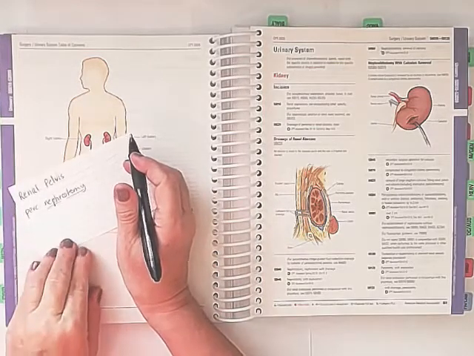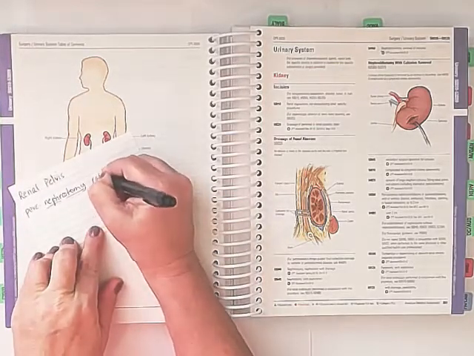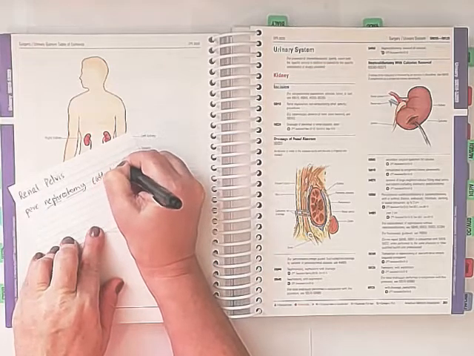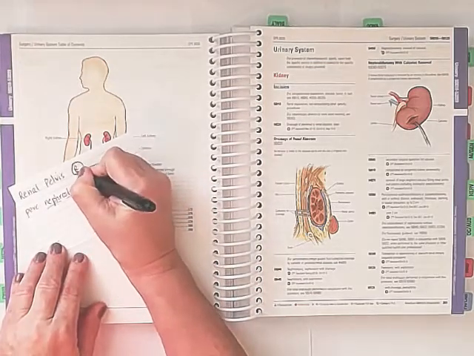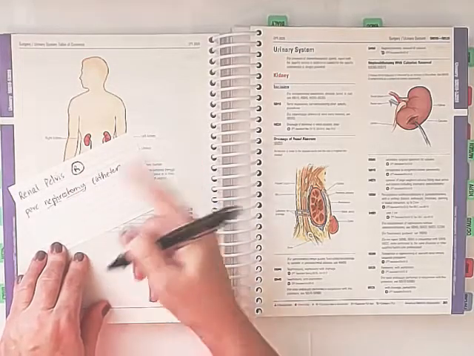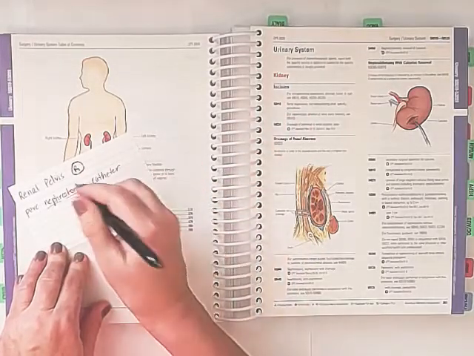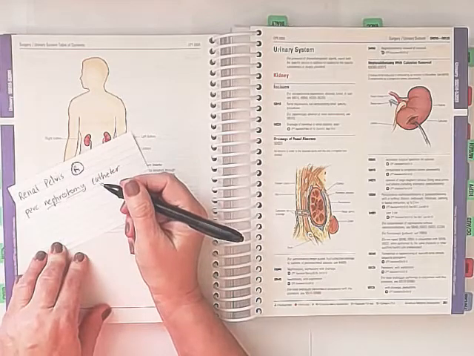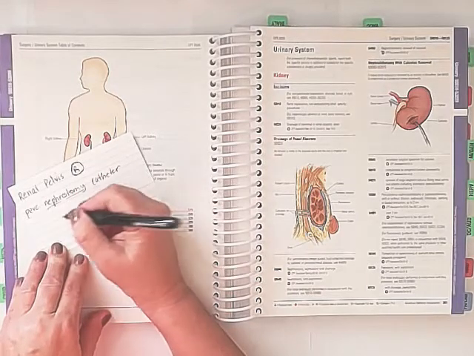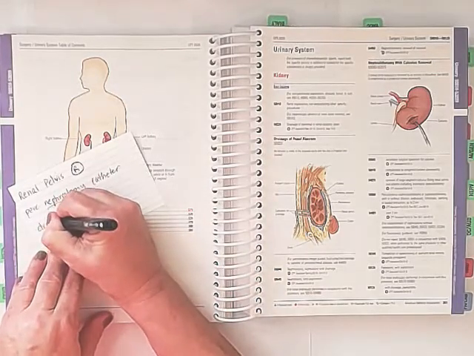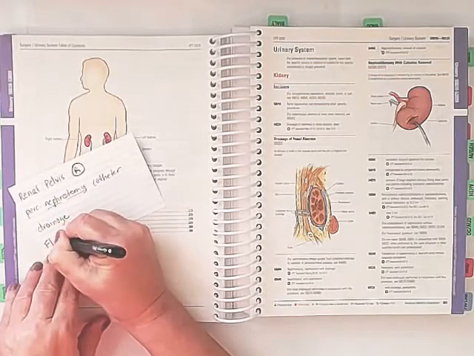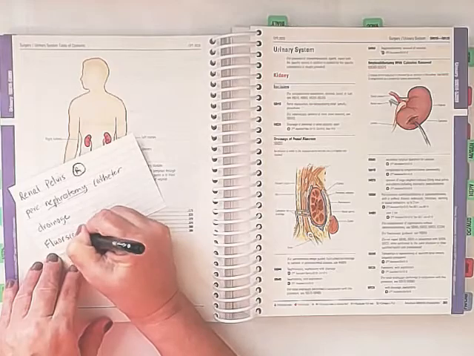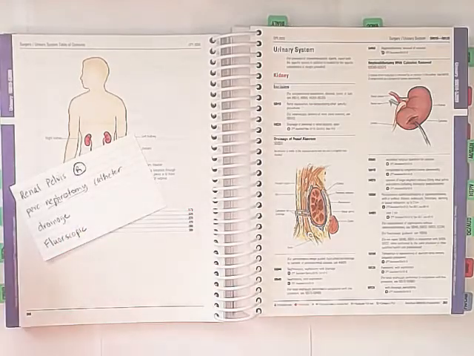Inserted a percutaneous nephrostomy catheter into the right renal pelvis. And since there's a mirror image of both kidneys, you've got to have that down. For drainage, fluoroscopic. So this was for drainage, and they used fluoroscopic guidance.